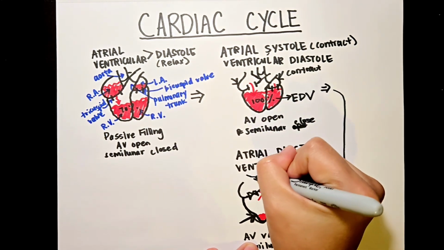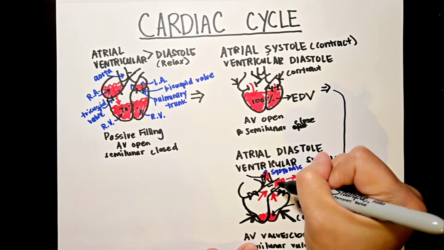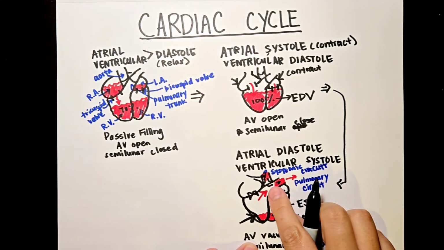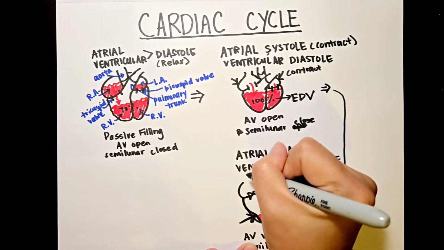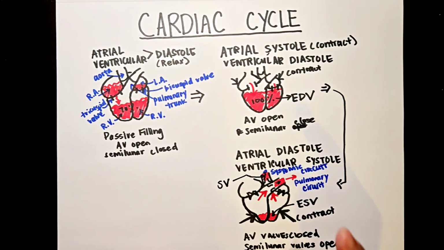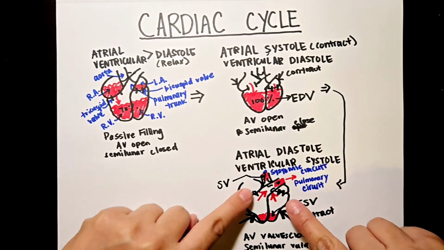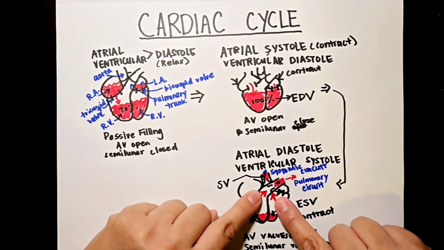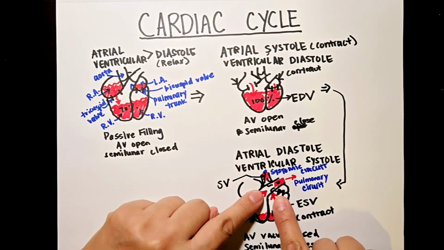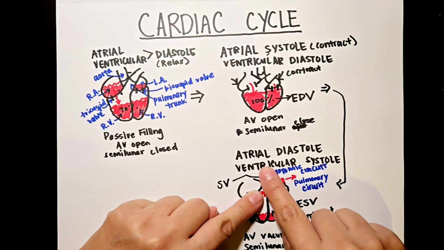Now, what about the blood that has moved on to either the systemic circuit or to the pulmonary circuit? We call that volume SV, or stroke volume. So again, ventricles contract, undergo the systole phase, pushing blood into the pulmonary circuit via the pulmonary trunk, or pushing blood to the systemic circuit via the aorta.